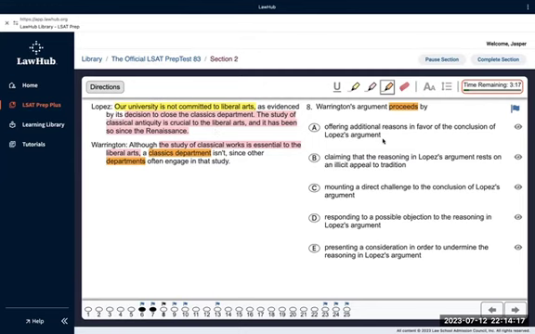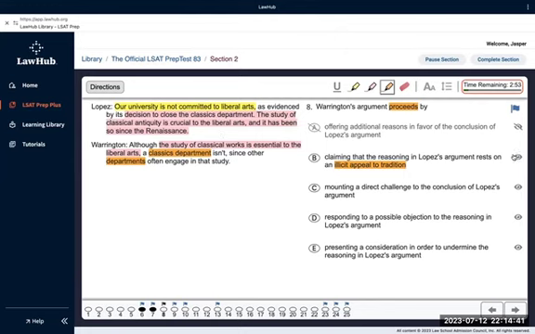All right. So Warrington's argument proceeds by doing what? Offering additional reasons in favor of the conclusion of Lopez's argument. No. Claiming that the reasoning in Lopez's argument rests on an illicit appeal to tradition. No, not concerned with the appeal to tradition, which is the part where Lopez says it's been so since the Renaissance.